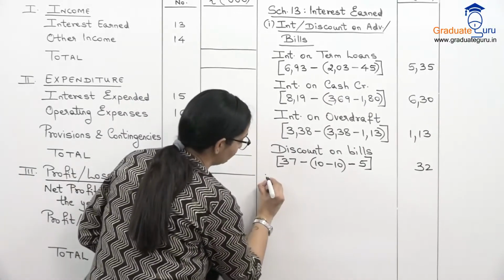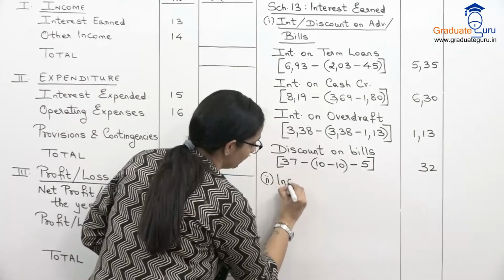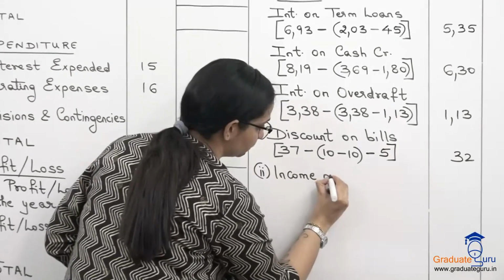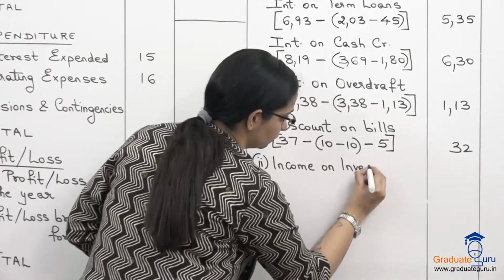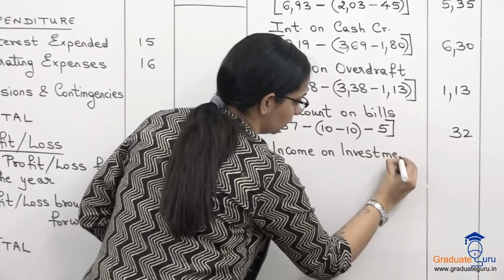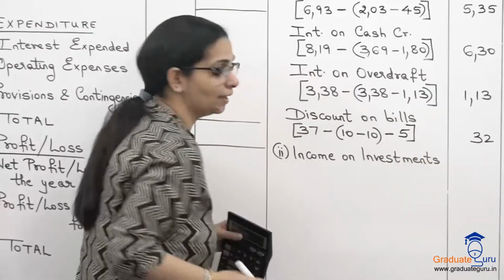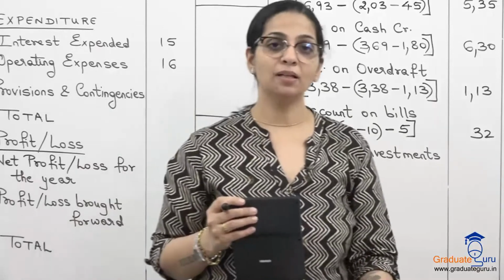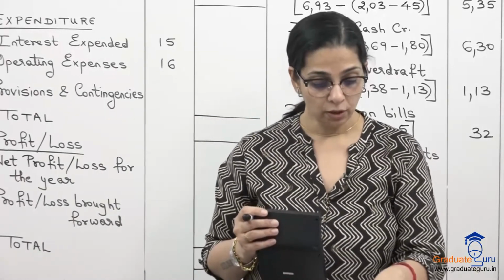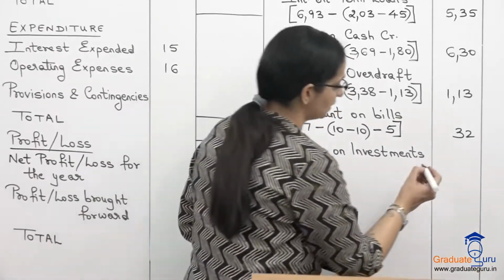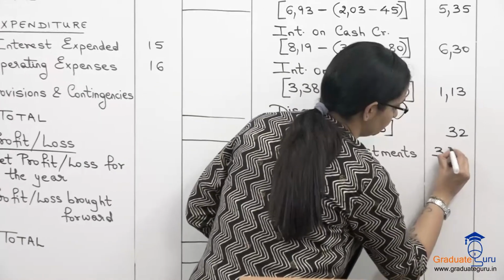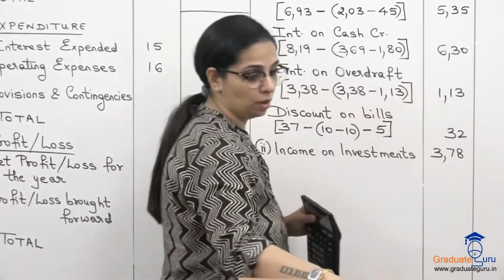Now the second thing over here is income on investments. And that is directly given in the trial balance. There is no adjustment for it. So income on investments is 378.